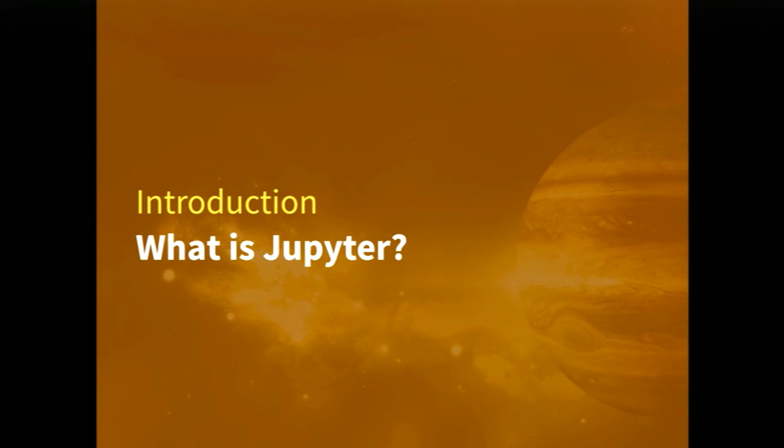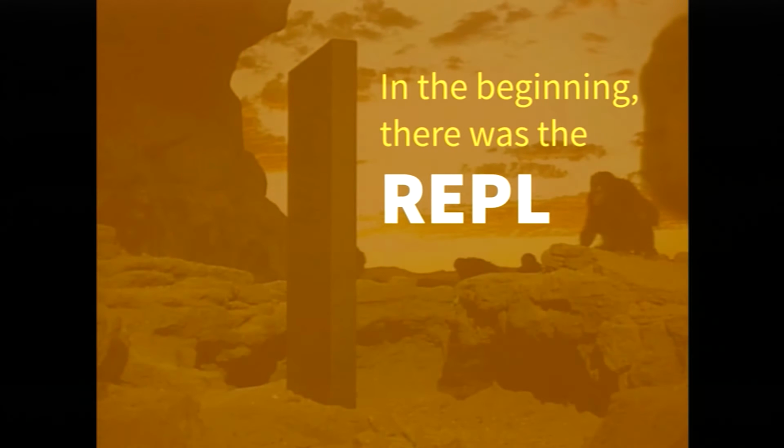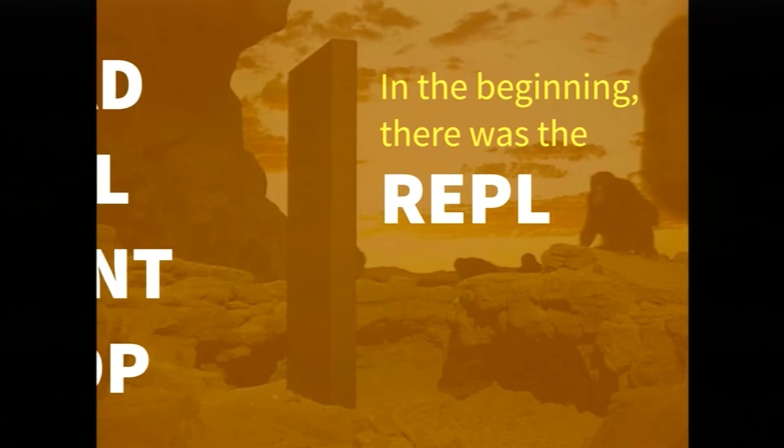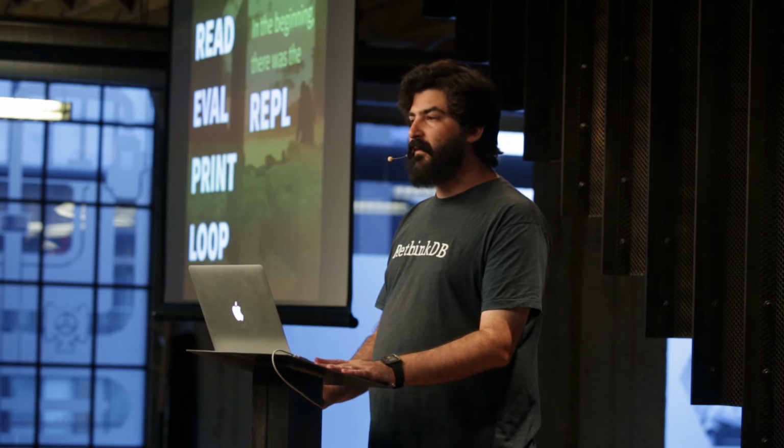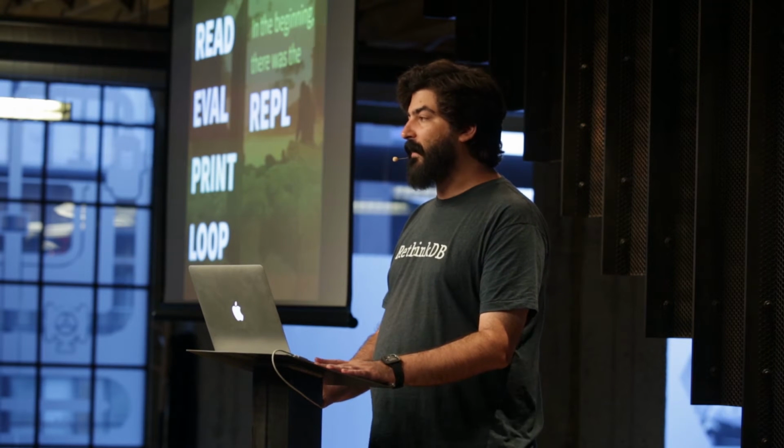So first I'm going to talk a little bit about Jupyter, and introduce the Jupyter project. In the beginning, there was the REPL, and REPL stands for Read, Eval, Print, and Loop. For those who are unfamiliar, a REPL is just a console-like interface to work with a dynamic programming language.